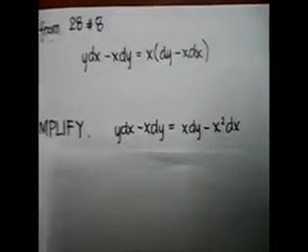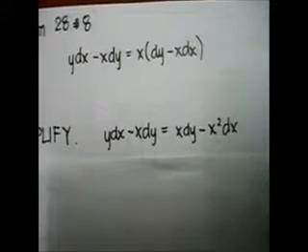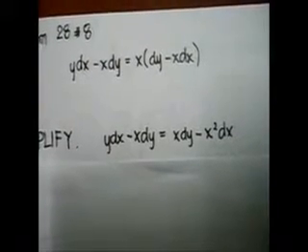So the first step that we are going to do is simplify this equation. Simplifying, we have y dx minus x dy is equal to x dy minus x squared dx.